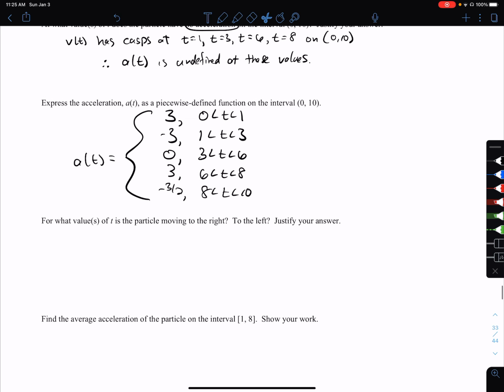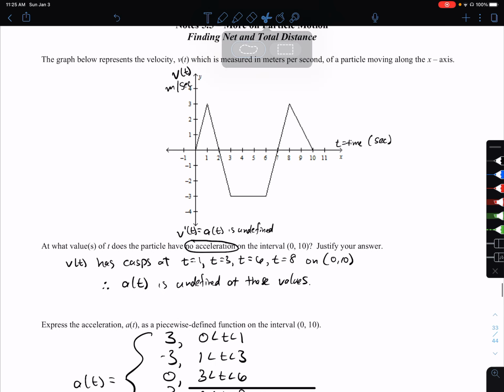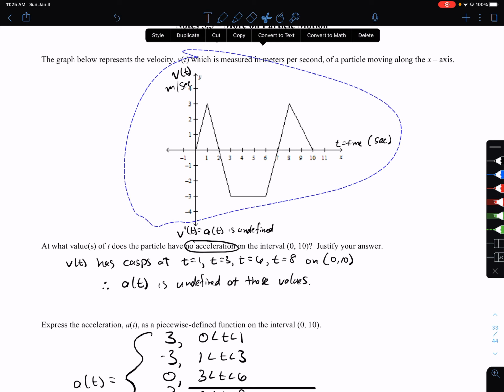For what values of t is the particle moving right, left? Justify your answer. Let me just bring this down here so I can see it better.